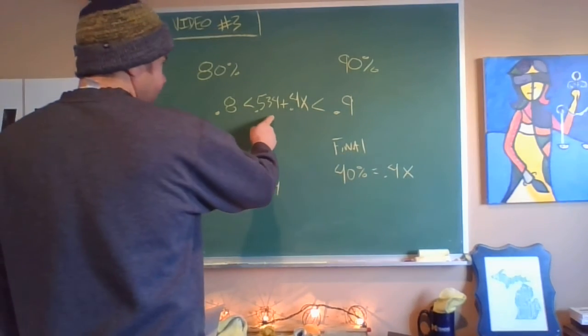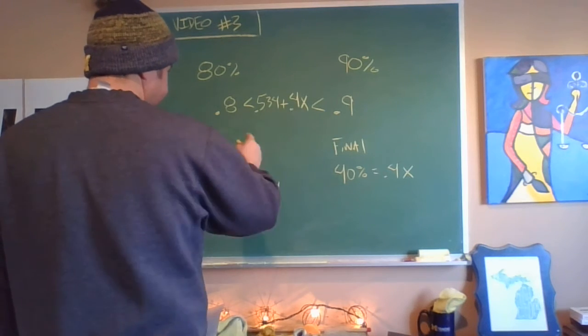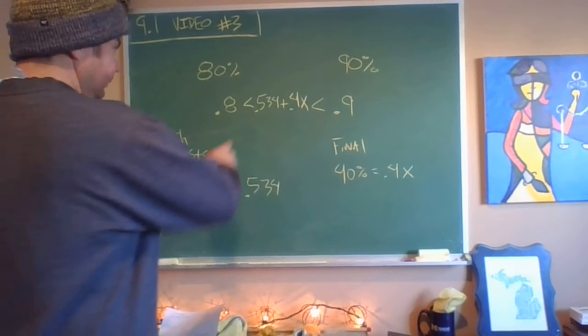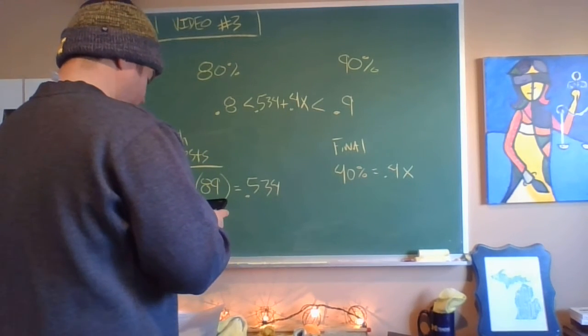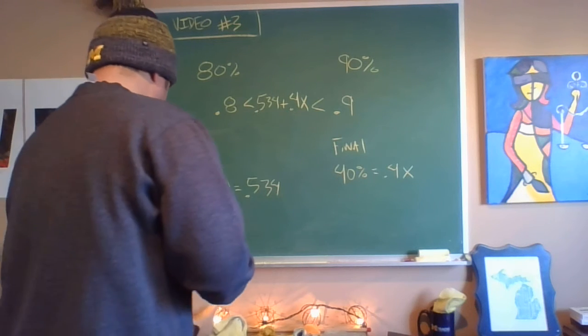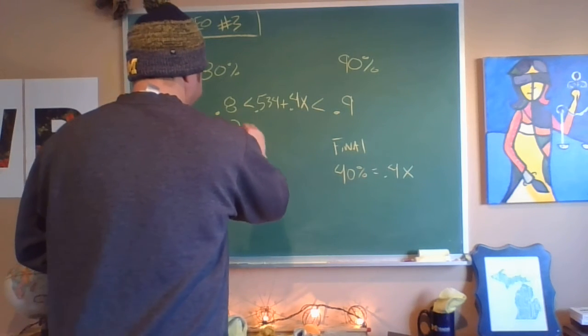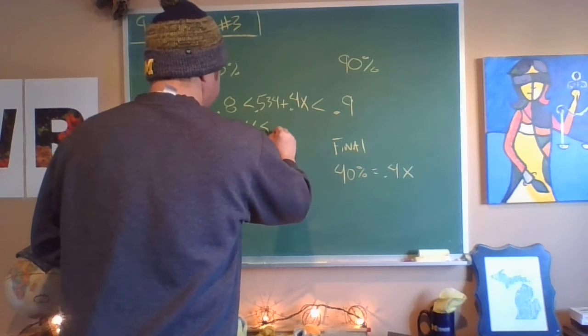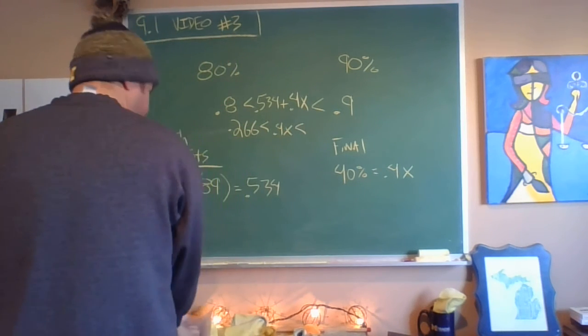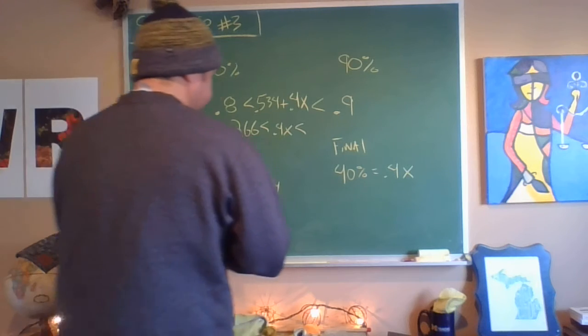So if we subtract 0.534 from the middle, left and right, 0.8 minus 0.534 is 0.266. It's less than 0.4x. It's less than, well, that would be 0.366.